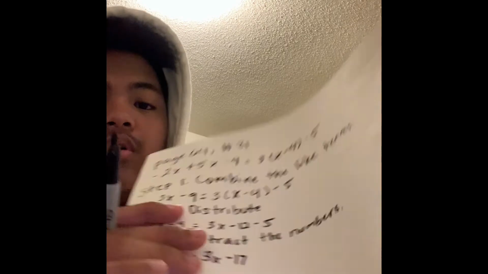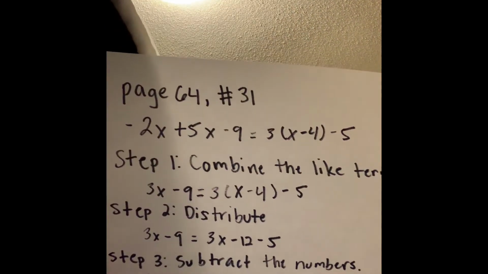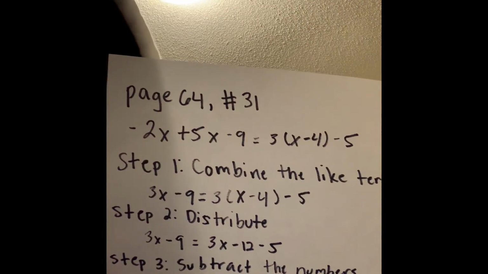When you subtract the numbers, you should have 3x minus 9 since you can't combine anything there since they are not like terms. And for the 3x minus 12 minus 5, you bring down 3x, then you combine negative 12 minus 5, which gives you negative 17. Your paper should look like that after subtracting the numbers.